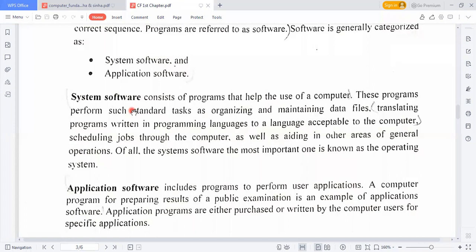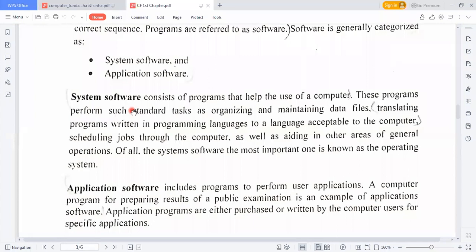Application software is what we can download, any apps. Suppose CamScanner for making a PDF, or an MS Word file, or MS PowerPoint, any apps you can download.